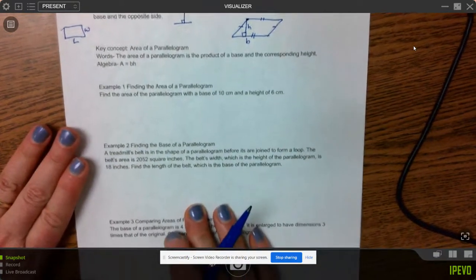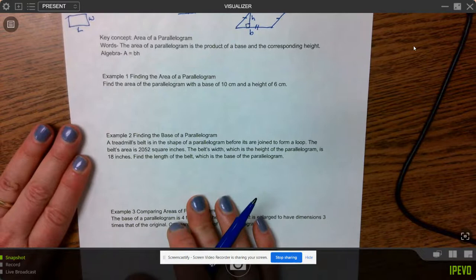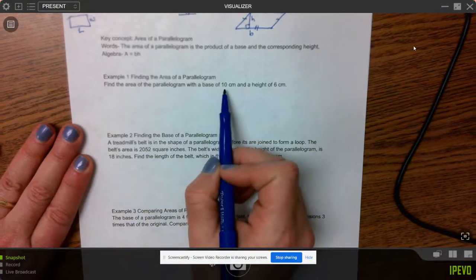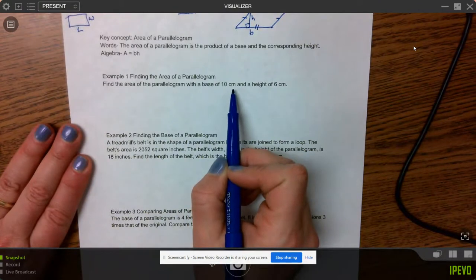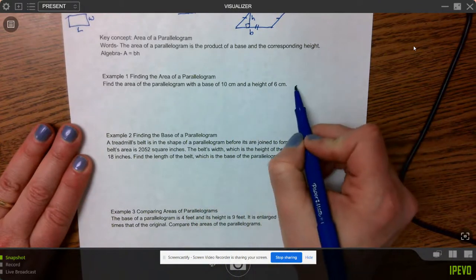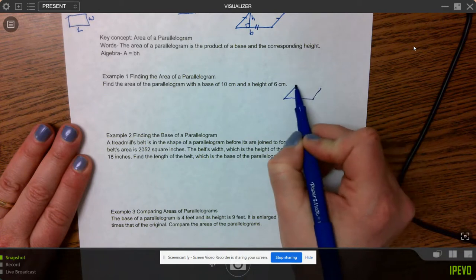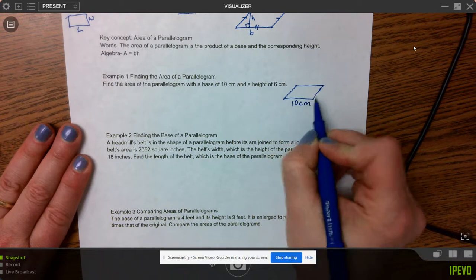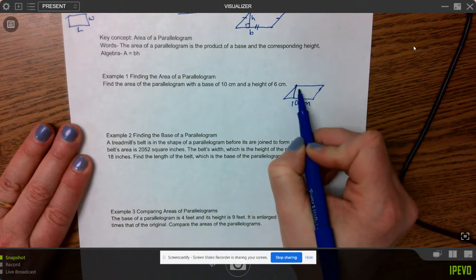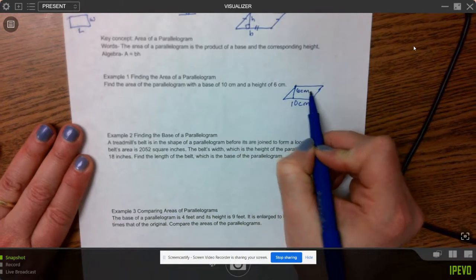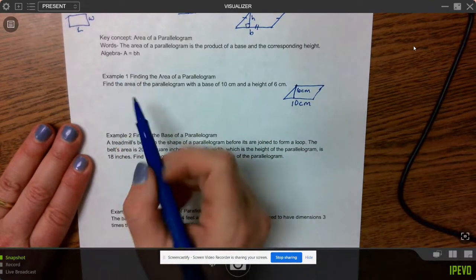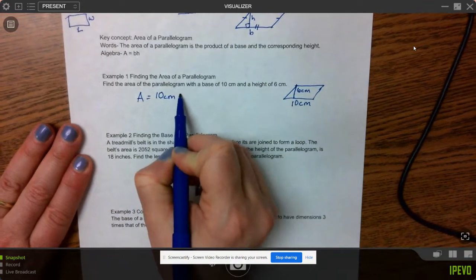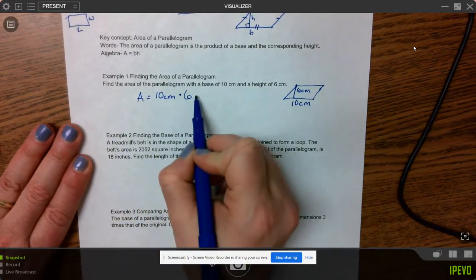So here's how we use that. Finding the area of a parallelogram. Find the area of a parallelogram with a base of 10 centimeters and a height of 6 centimeters. If I draw out a parallelogram with a base of 10 centimeters and a height of 6 centimeters, I know my area equals base times height.